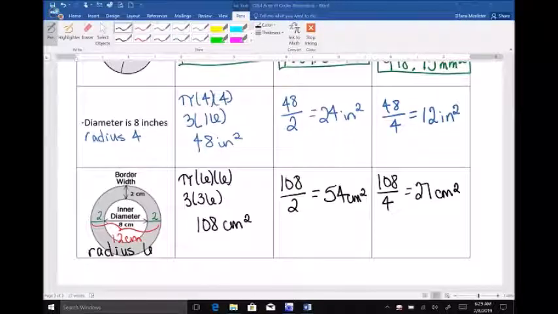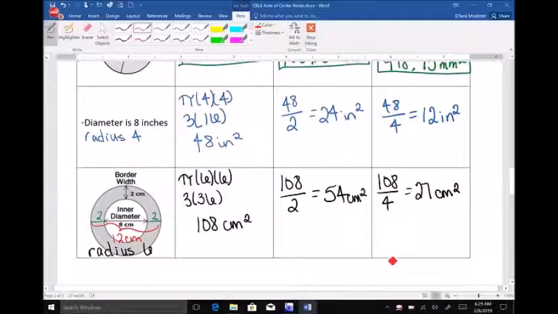Do you have any questions on determining the area of a circle, a semicircle, or a quarter circle? I do want to note that there is a chance that they will end up asking you to find the area of a 3/4 circle. So if they give you a 3/4 circle, then you still divide it by 4, but then you can multiply it by 3.